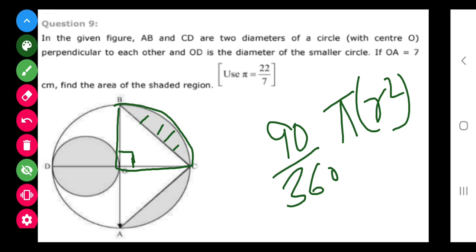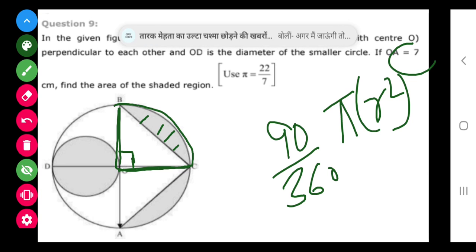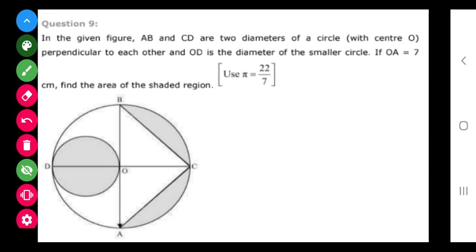Here r is OB, OA, OC, that is equal to 7, as the radius of the complete circle is given as 7, and this is also 7, this is also 7. So we can find the area of the sector, then we can subtract the area of the triangle, and then we can get this part.